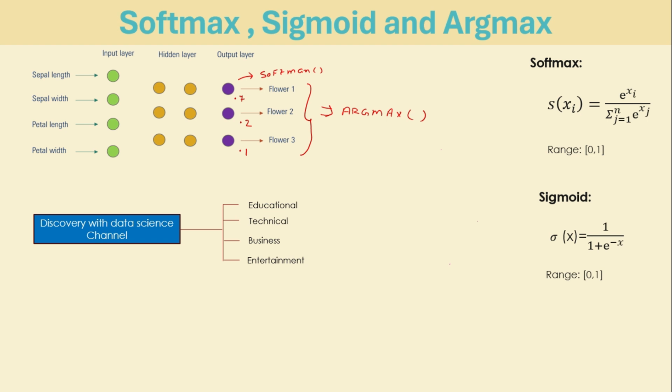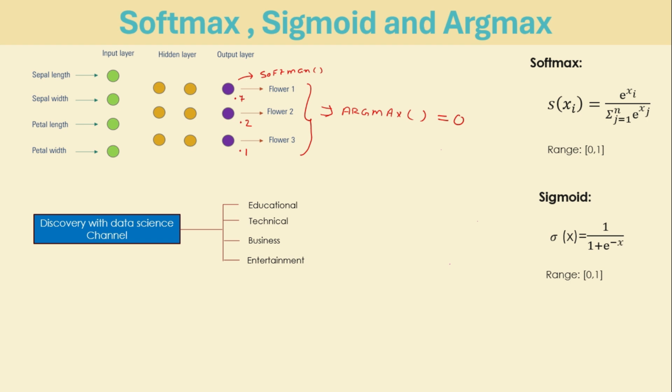It is at the 0th position, so it will give the output 0. 0 means the first one, 1 means the second, 2 means the third, and so on. Here, because one maximum is available, only then are we applying Argmax.